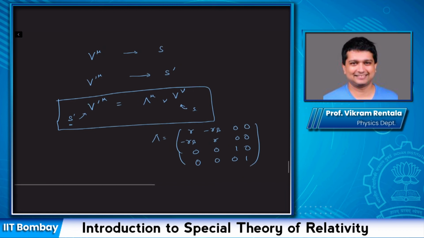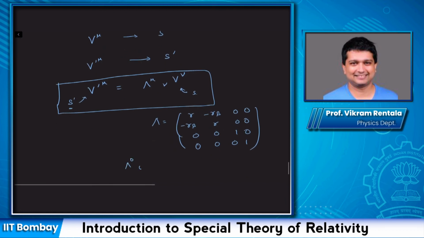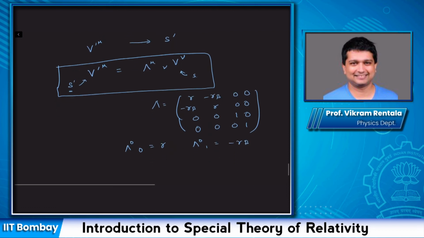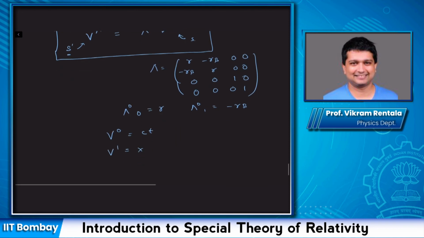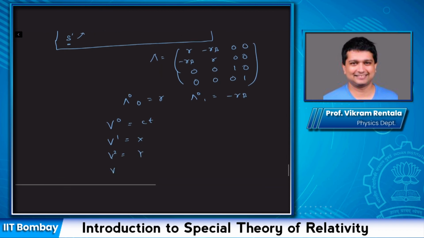So in particular, lambda 0 0 is gamma, lambda 0 1 would be minus gamma beta, and so on. And if v were the standard space-time vector, v0 would be ct, v1 would be x, v2 would be y, and v3 would be z.